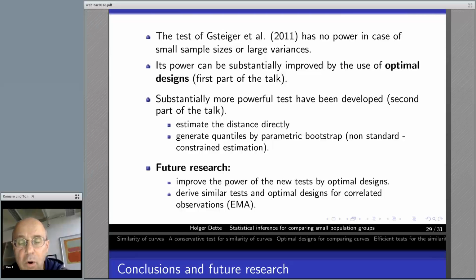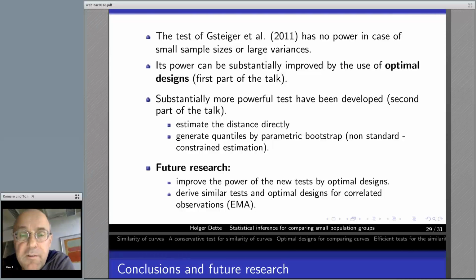And more important is that there exists a substantially better test, which we have developed in the last year. For you, the message is just that there's a nice R package where you can use this test. For us as mathematicians, the interesting thing was that we could do non-standard mathematics, which has never been done before.